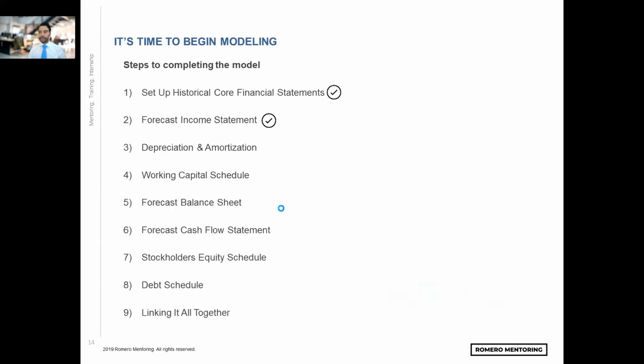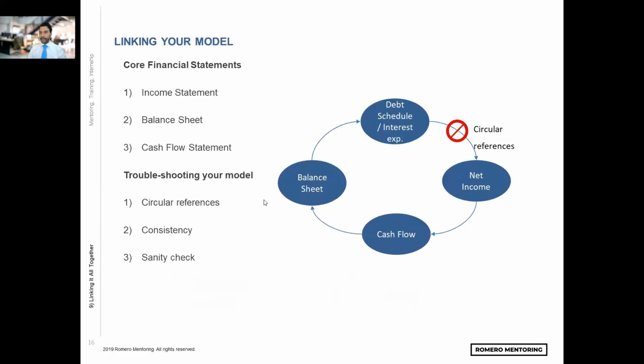What fully circular means, linking it all together, is that we're taking our interest income and linking it back to our income statement, so it becomes part of the net income. And when you do that, your net income on the income statement, which is the first line item of your cash flow statement, you're going to see how this impacts the balance sheet and how the balance sheet impacts our interest income, which ultimately impacts our net income.